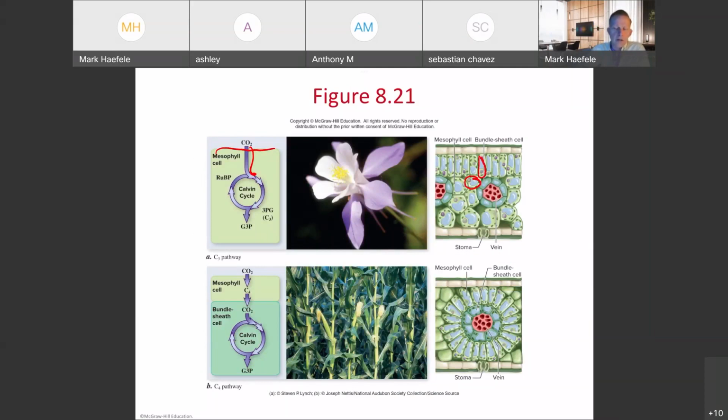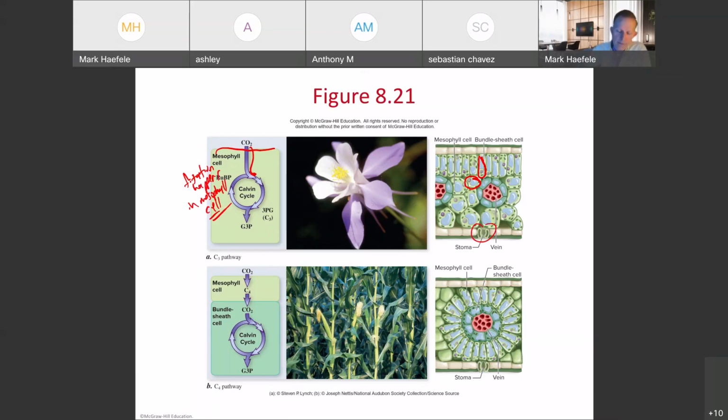So you can see the carbon fixation is happening inside the cell in C3. And that's your traditional C3 situation. And of course, that basically leaves your stomata having to either open or close.